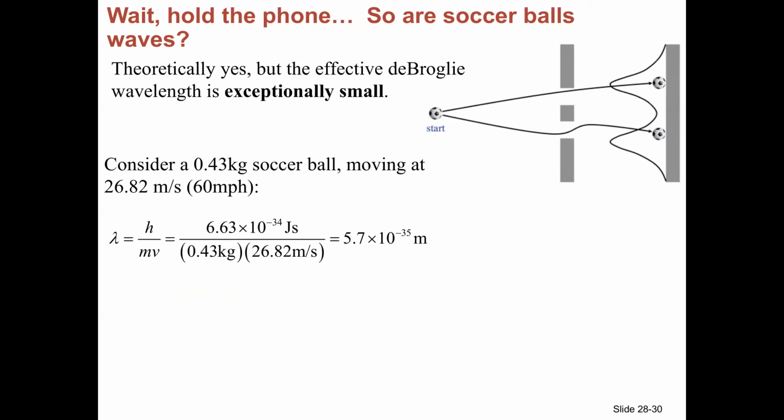So we are about 15 orders of magnitude smaller than a nucleus, which means that to see this effect with a soccer ball, we would need to kick it at a double slit aperture where the spacing between the slits is 15 orders of magnitude smaller than the width of a nucleus, which is completely impossible.